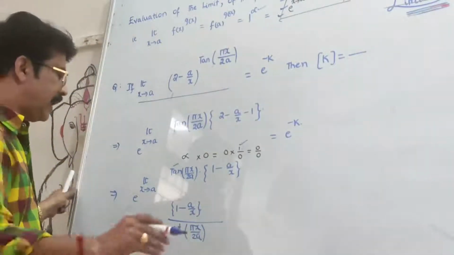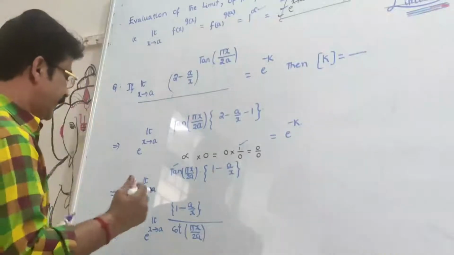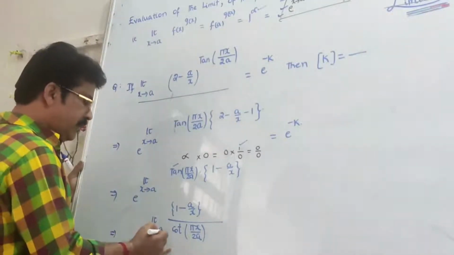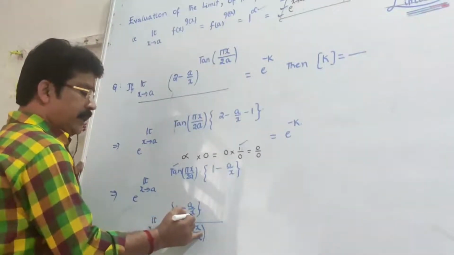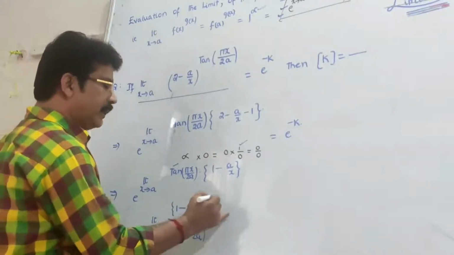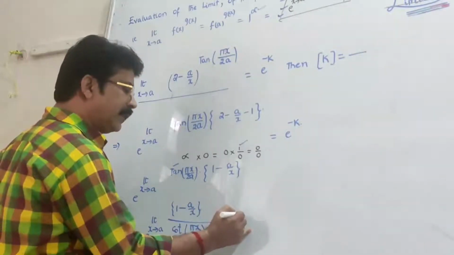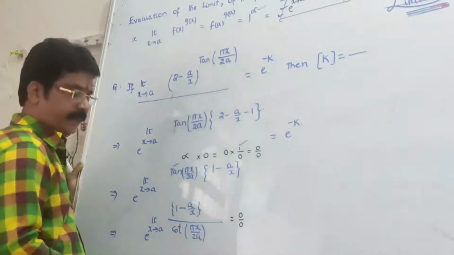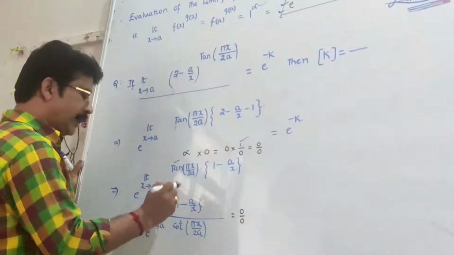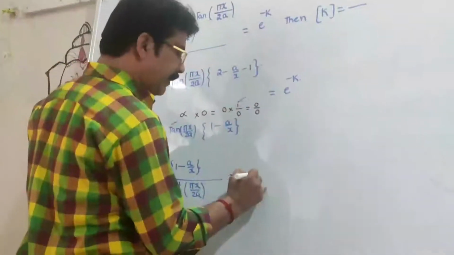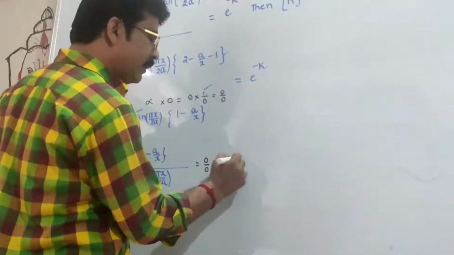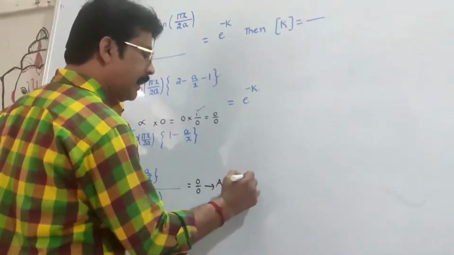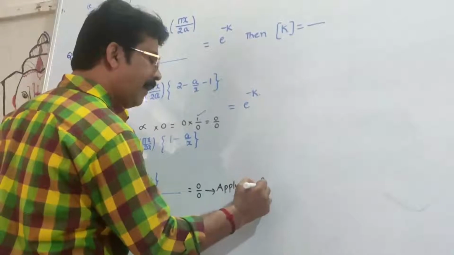Now the limit x tends to a, putting x = a, a/a is 1, 1 minus 1 is 0, and cot(π/2) is 0, so it is 0 by 0. So apply L'Hospital rule here.